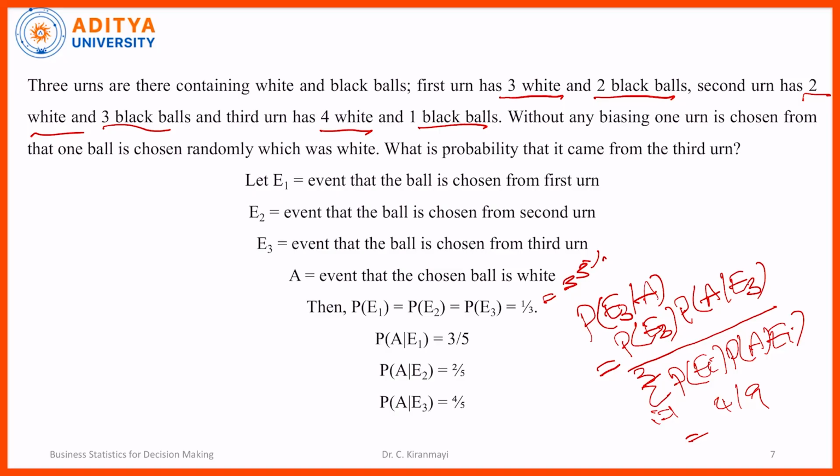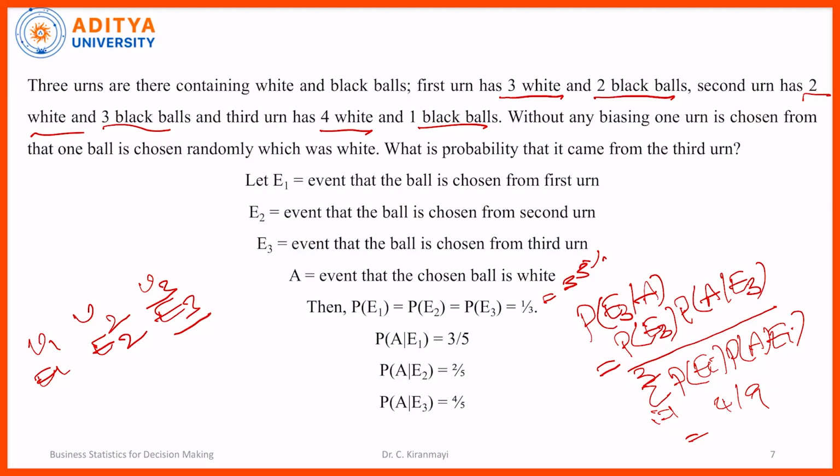So what is happening here? We are given information that there are 3 urns, U1, U2, U3. We call them events E1, E2, E3. The probability of selecting the first urn is event E1, the second urn is event E2, and the third urn is event E3. The probability of selecting any urn is 1 by 3.